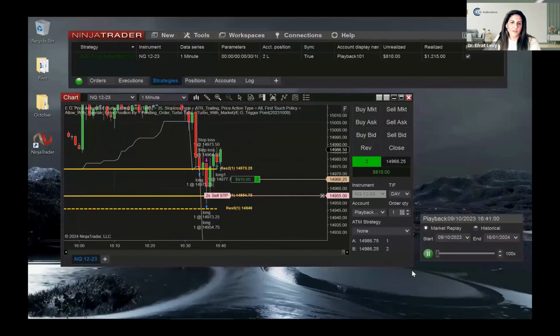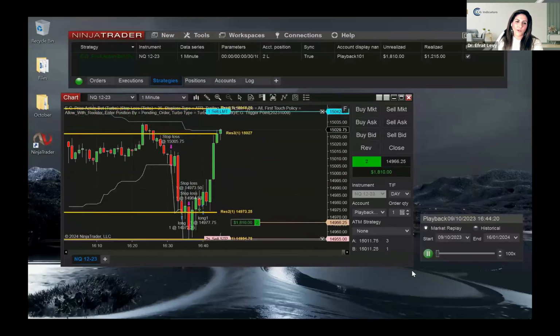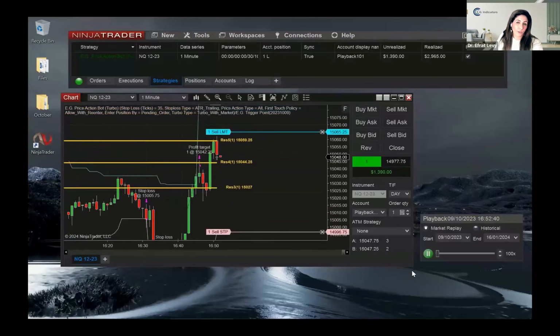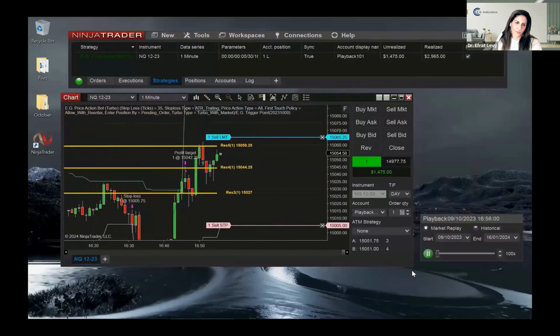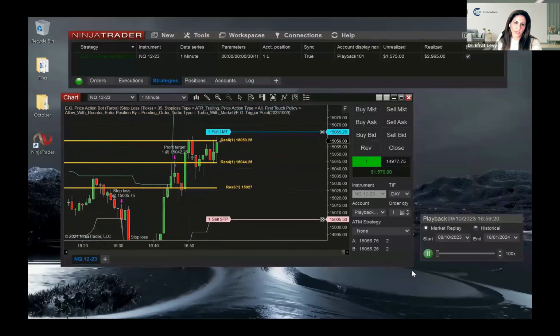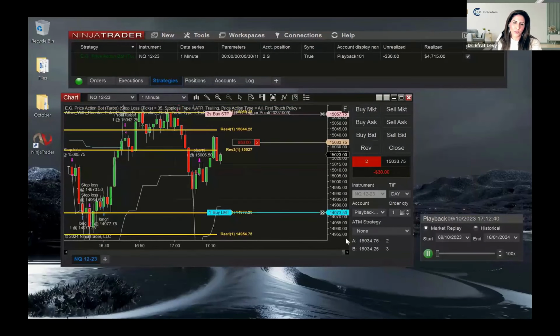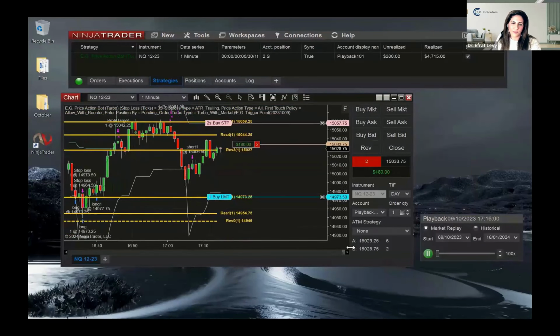And now, pay attention. There was another long signal by the price action, and the bot added another contract to this winning position. And now it trails the stop loss, and another contract to the short position.